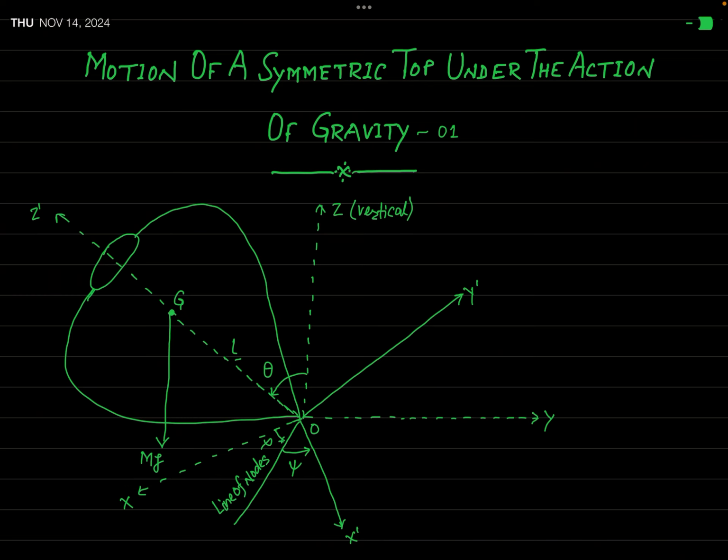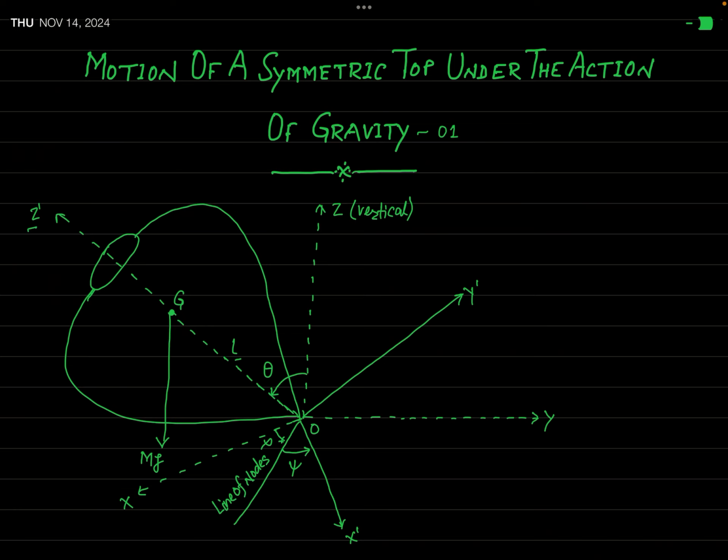Actually for discussion, you can take the symmetry axis as one of the principal axes, and let us choose it as this Z prime axis. This is the body axis and also symmetry axis, and this can be taken as one of the principal axes for simplicity of calculation.